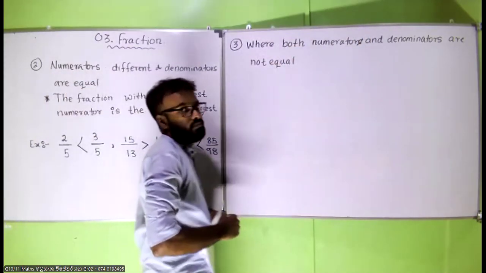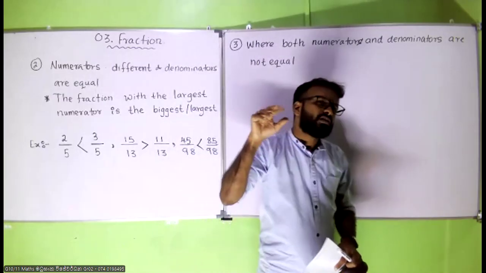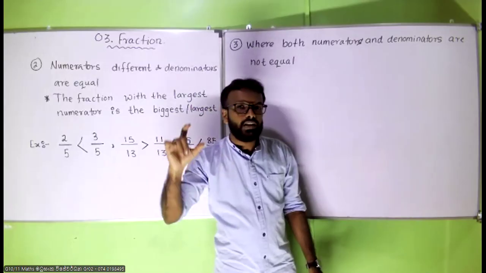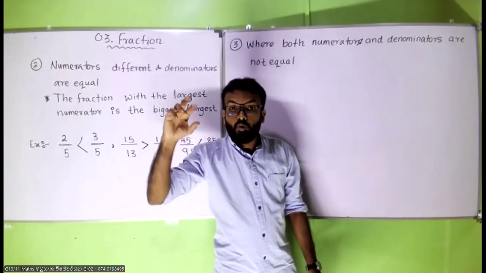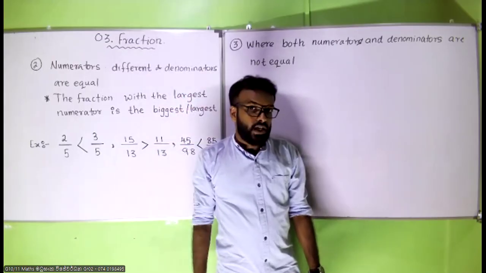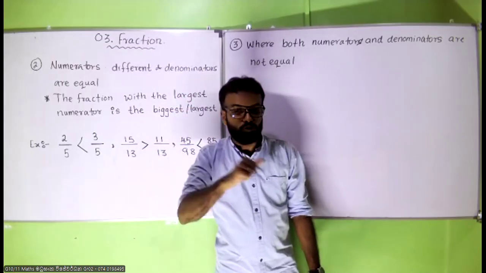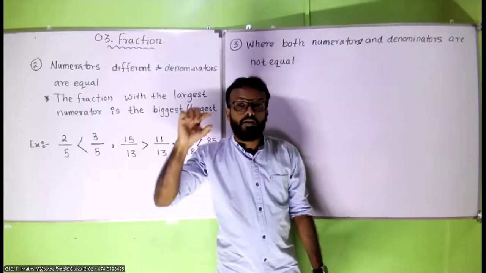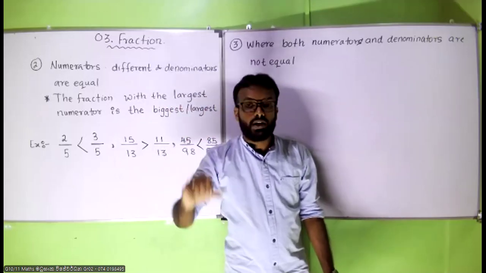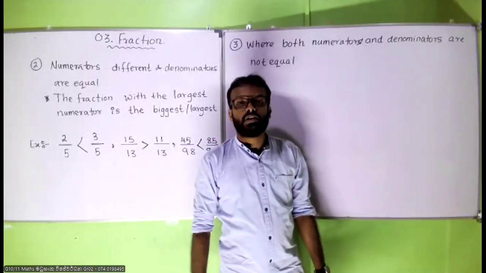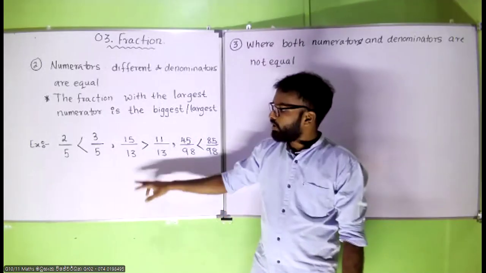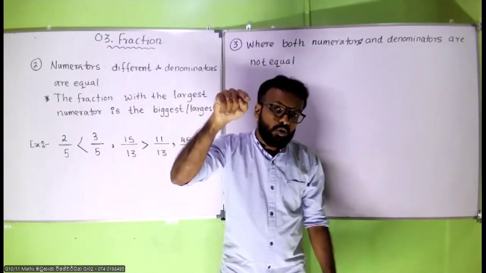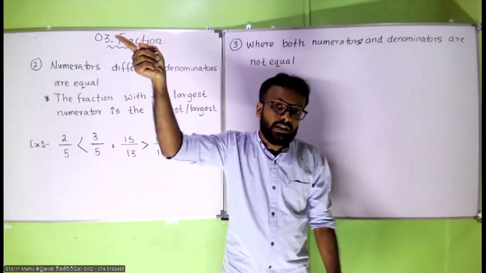So what happens? Somewhat hard, actually not hard. If you are good at finding the LCM, if you are good at the multiplication table, you can do this. If you know how to make sure that you have equal denominators of both fractions, this is nothing. If you have equal denominators, you know how to find which fraction is the biggest.